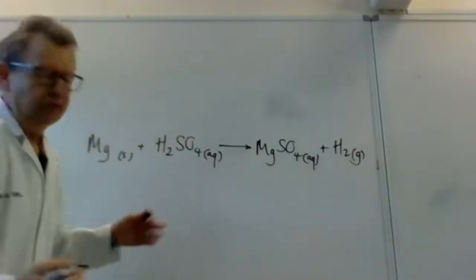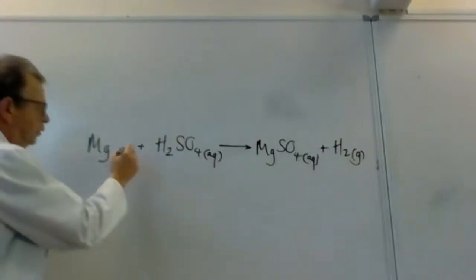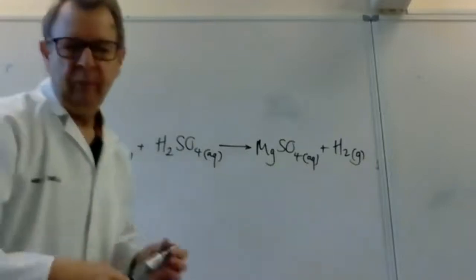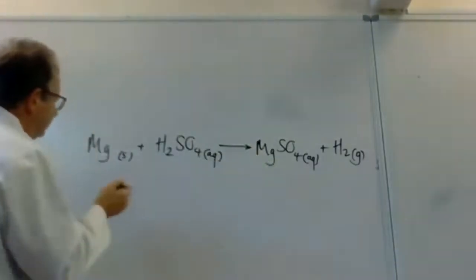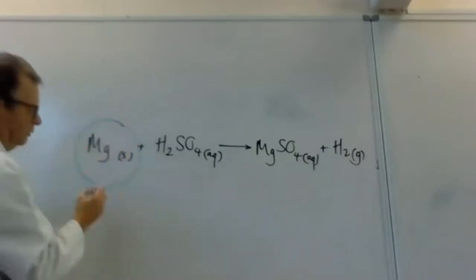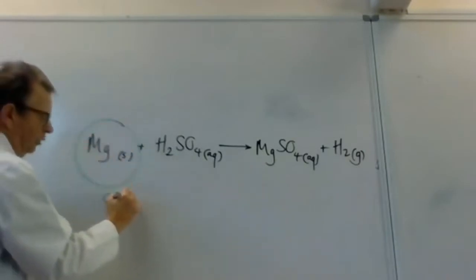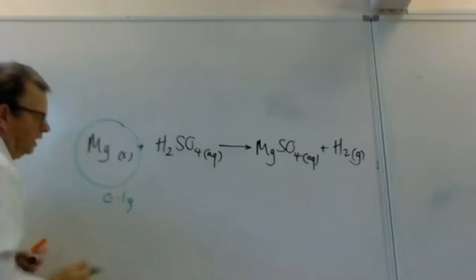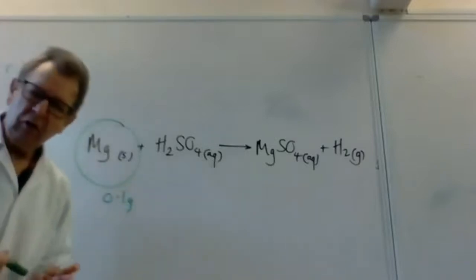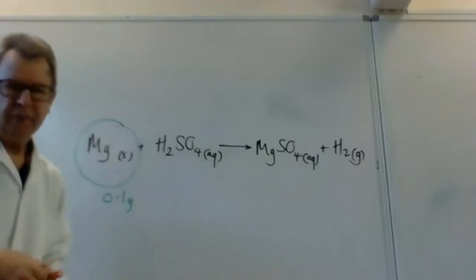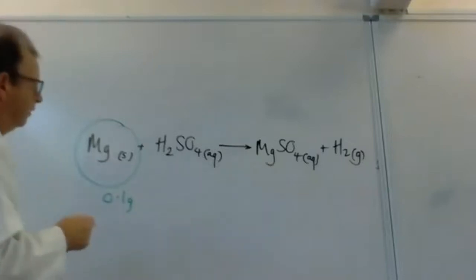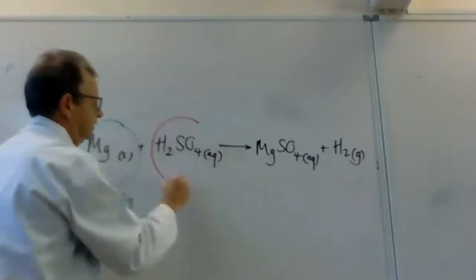Now, because of this, what we've got is a solid, which is our first one. And our solid, the amount that I'm going to be starting with is 0.1 grams. Now, has that got more particles or fewer particles, more or less, than the sulfuric acid?